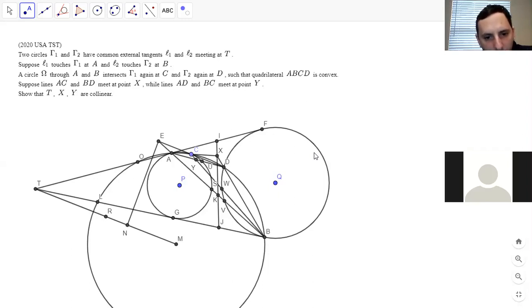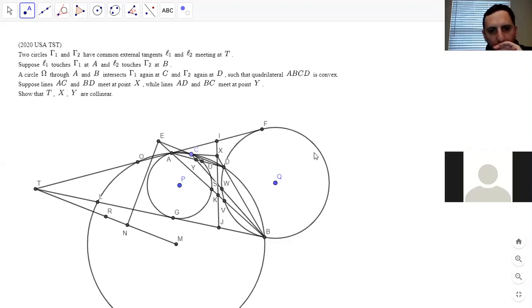We use sine, because UC over UK is sine CAU over sine KAU, which is sine CAD over sine DAB. The same with WD over WV, that is sine DBC over sine CBA.